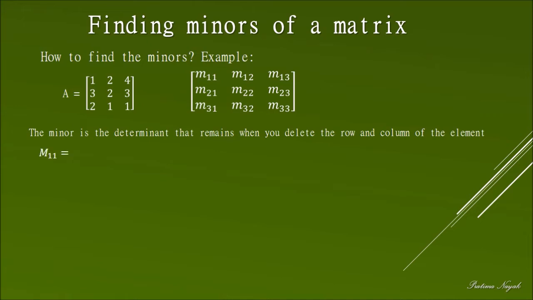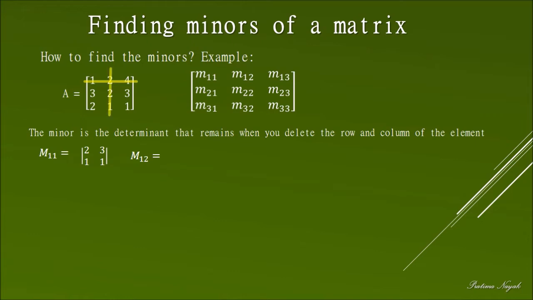First M11. Let's delete row 1, delete column 1. Deleting, we are getting the determinant 2 3 1 1. Next is M12, minor 1 2. Hide row 1.